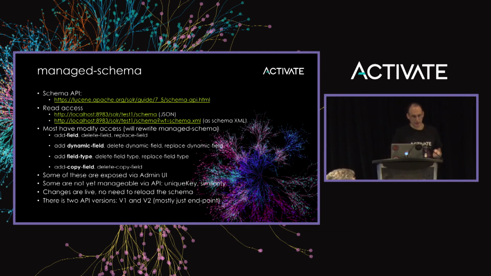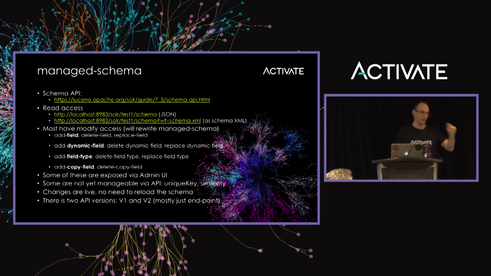So, managed schema. We have an API to read this schema, and most of the things you would really change more than once, you have write access to. You can add and delete fields, dynamic fields, field types, and copy fields. Most of this is exposed through the admin UI, though not the field types.